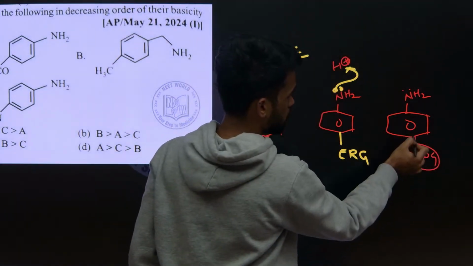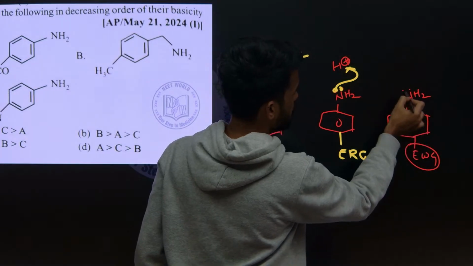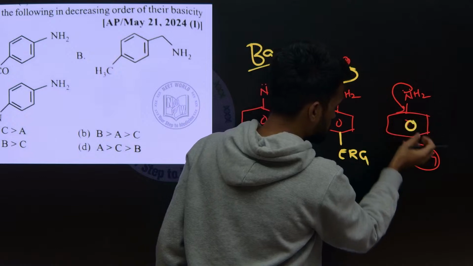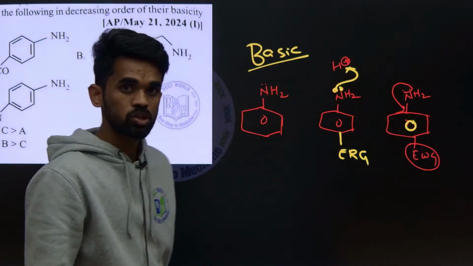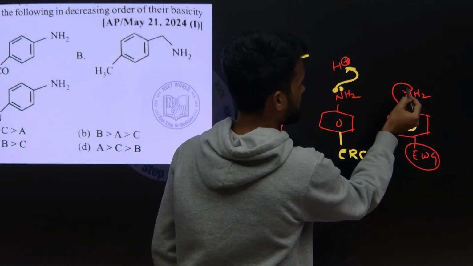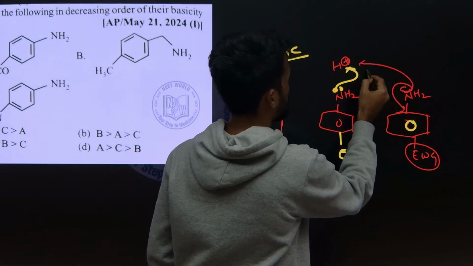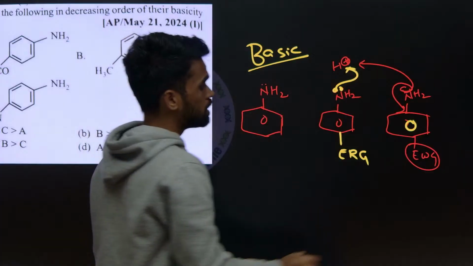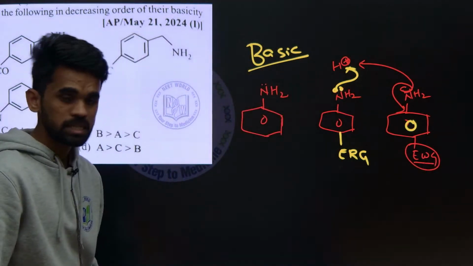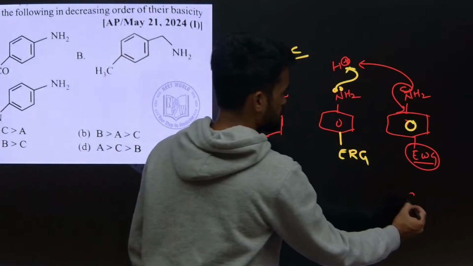So it will withdraw electrons from the ring, and the lone pair electrons on nitrogen are also dragged towards the ring, towards this electron withdrawing group side. If it is like this, the availability of these lone pairs to accept the H plus ion is very less. So I can say amines containing electron withdrawing groups are less basic. So I can say C is less basic.